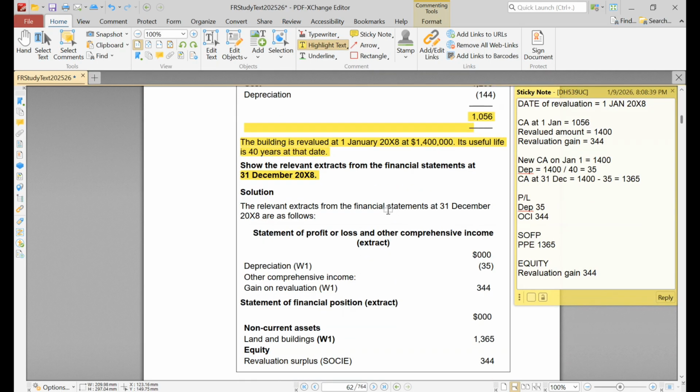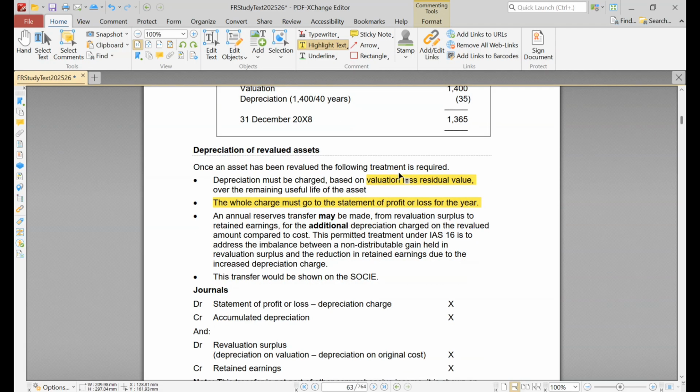They're saying that once you revalue the asset, if it was an increase in the valuation, the difference between the depreciation charged after revaluation and the depreciation charged before revaluation can be transferred from the revaluation surplus in OCI to retained earnings. But this is optional, it may be made.